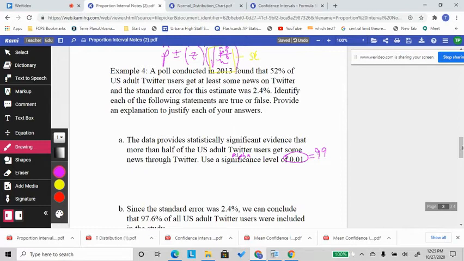All right, so 0.52 plus or minus. Go back to the top and get your 99. It's 2.575. And this was 0.024 from the standard error given to you. So that would be 0.52 plus or minus.